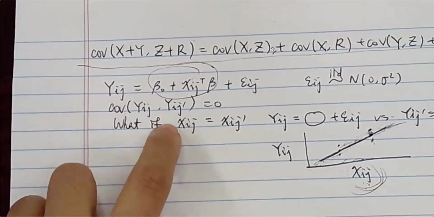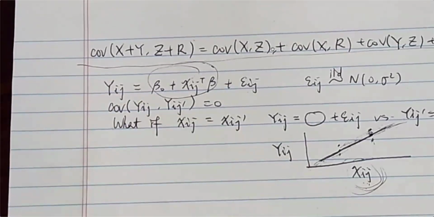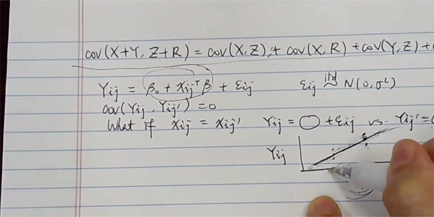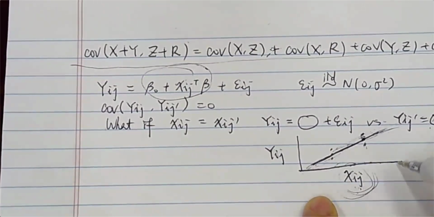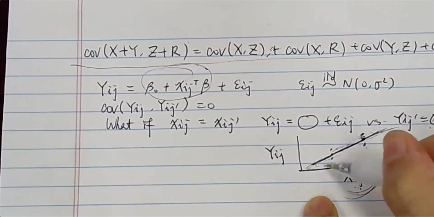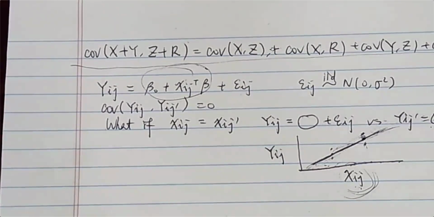Then Yij and Yij prime would have positive covariance. I hope this makes sense. So it's always like a variance decomposition perspective. What do you assume as fixed? What do you assume as random? So in our perspective, we just assume that for different observations, their Xij values are taken as fixed. We don't model their distribution anymore.